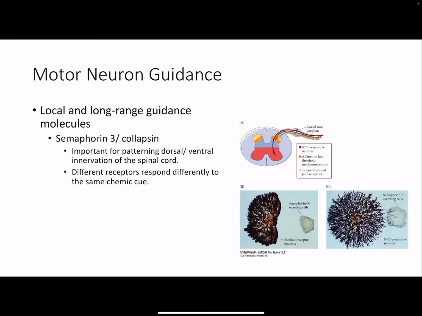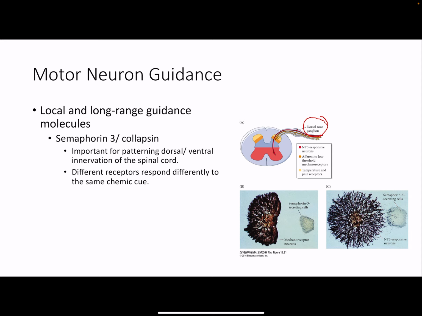Okay. Another example of this is what's called semaphorin 3 or collapsin. And semaphorin 3 and collapsin will either be excitatory or inhibitory depending on the type of neuron that it runs into. So if we look at neurons that have their cell bodies in the dorsal root ganglion, these dorsal root ganglion neurons will innervate different positions within the spinal cord.